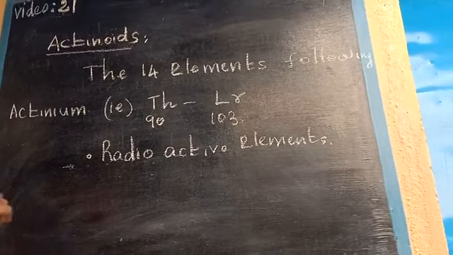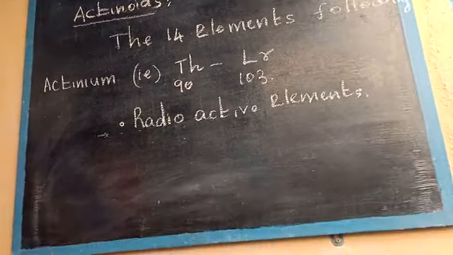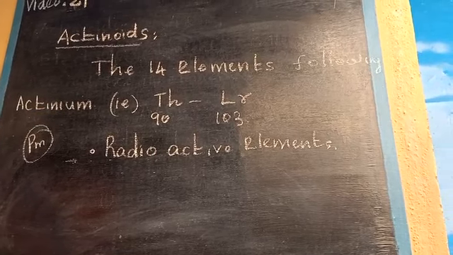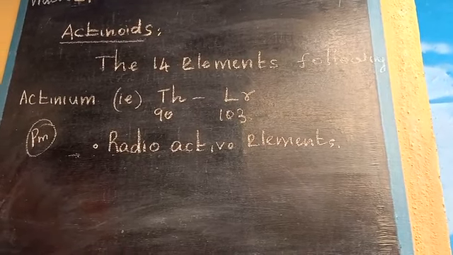Okay, so in the F block, the actinoid elements are radioactive elements. In the lanthanoids, only promethium is a radioactive element. The remaining ones are non-radioactive. But here all the elements are radioactive elements.